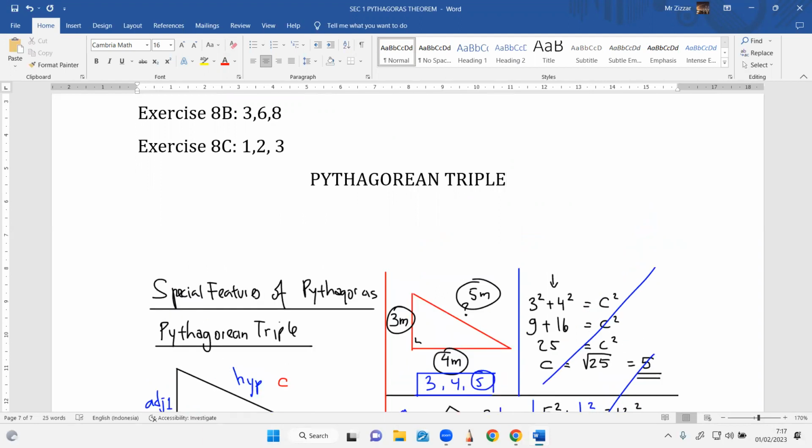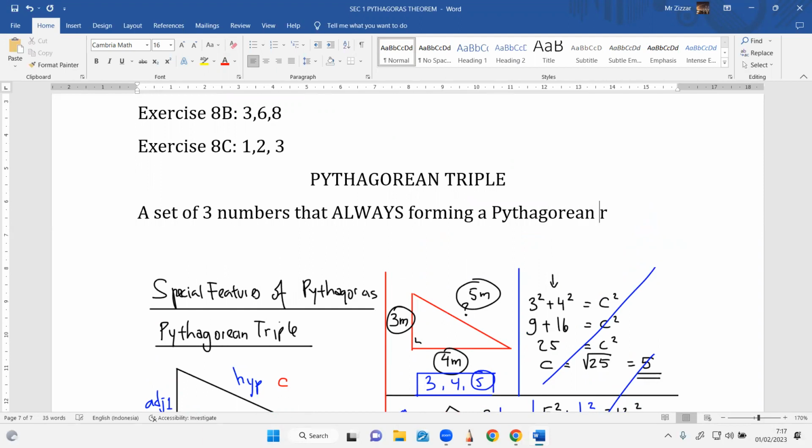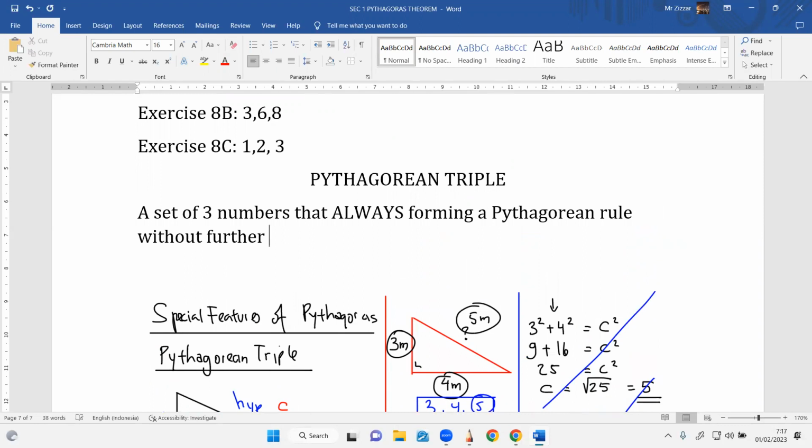So what is a Pythagorean triple? A set of 3 numbers that always forms a Pythagorean rule without further working of a square plus b square equals c square anymore. You memorize. Okay.